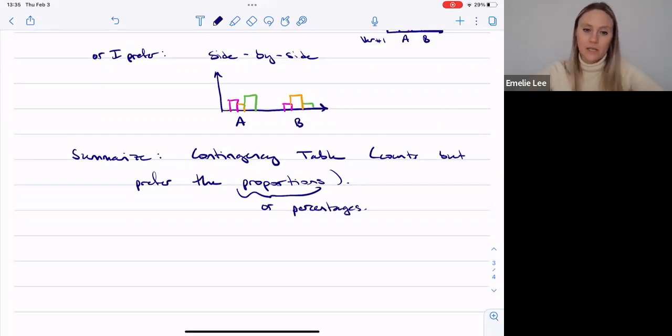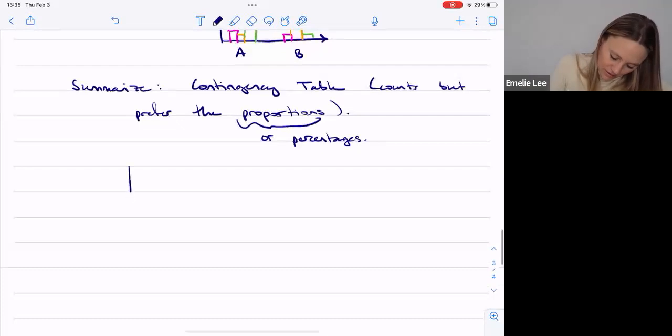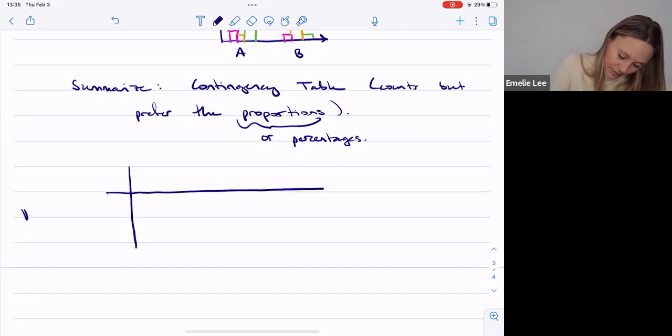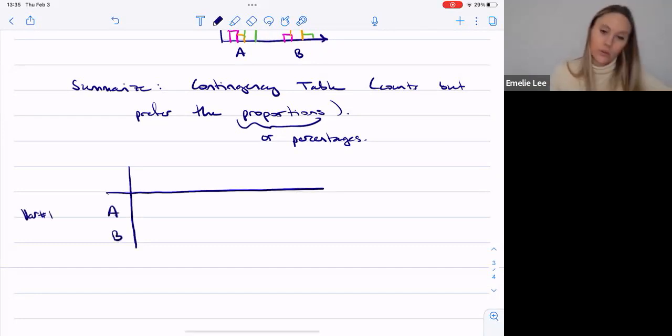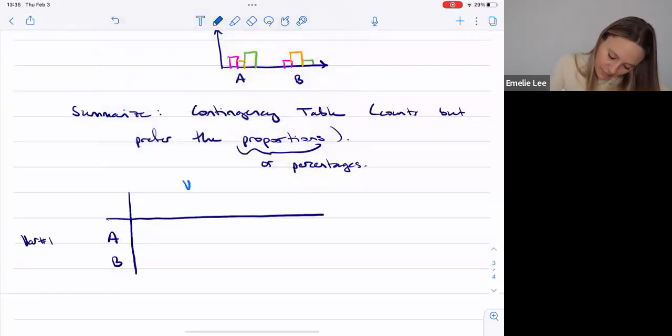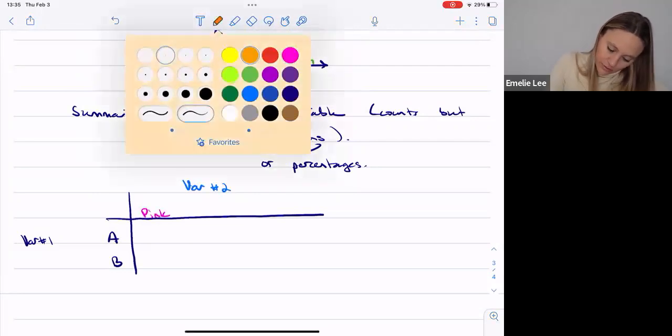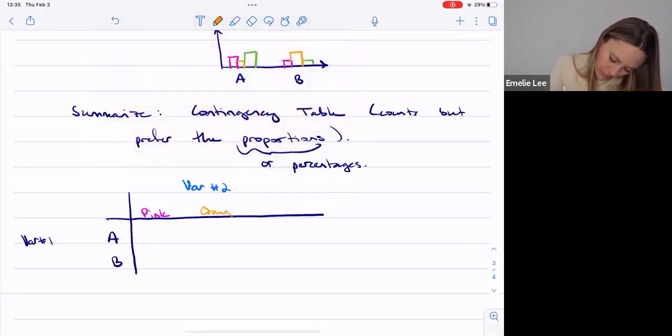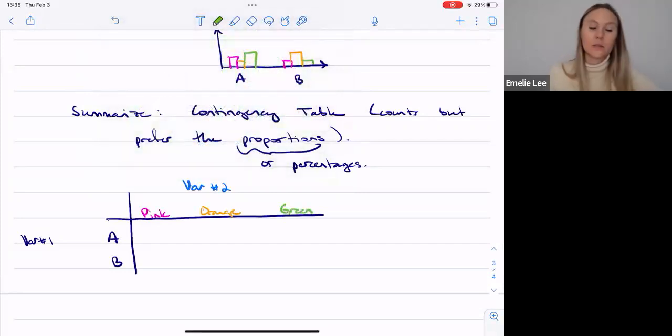So what does that look like? Well, it looks like this. Using the same fake example that I had earlier, right? I have variable number 1, which has category A or category B. And then I have variable number 2, which has either the pink or the orange or the green, right, as its categories.